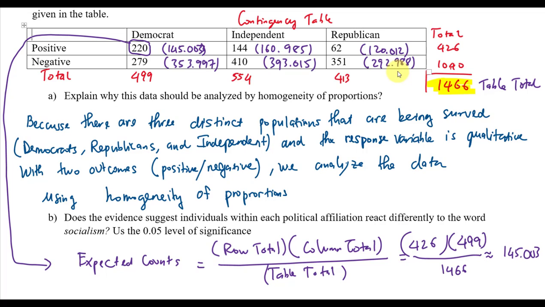So after I get all the expected counts, I'm going to check to make sure that all the expected frequencies are bigger than 5, so all the requirements for a chi-square test are satisfied. This is bigger than 5. This is also bigger than 5. Make sure all the expected frequencies are bigger than 5, and if that is the case, we are okay to move on.